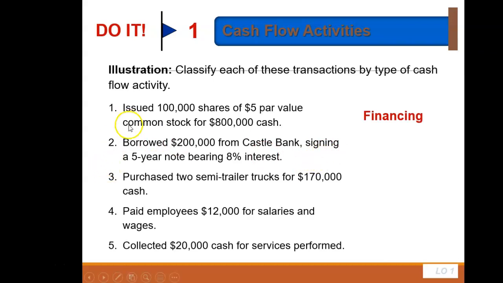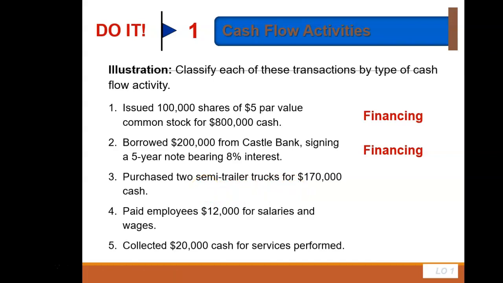Next, borrow from Castle Bank $200,000, signing a 5-year note bearing 8% interest. Once again, would this be an operating activity, an investing activity, or a financing activity? And again, if you said financing activity, you would be correct. Next, purchase 2 semi-trailer trucks for $170,000 and paid cash.